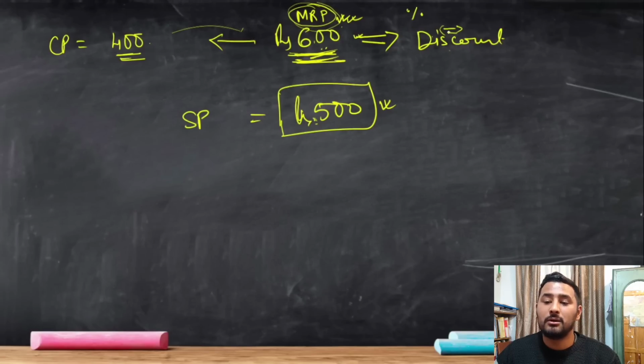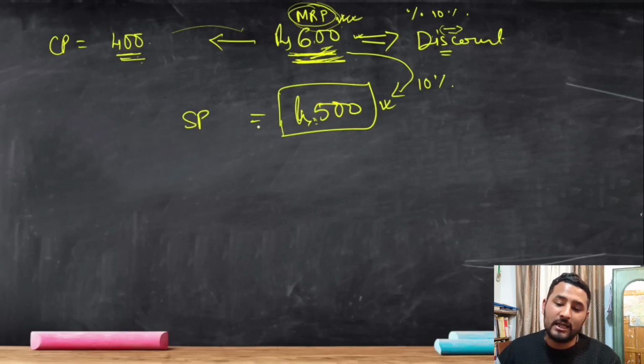Now, being a customer, we'll ask for some discount in the form of bargaining. We will ask for a discount of some percentage. So what does the shopkeeper do? In that 600, he will give maybe 10% discount, right? Because he needs profit. He bought it at 400. He cannot give it at 400. So he needs some profit. That is why he has given this MRP as 600. Now he will give some kind of discount, say 10%, and finally he will sell it to us at rupees 500.